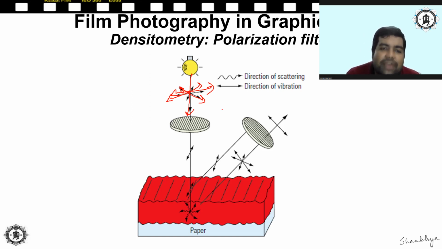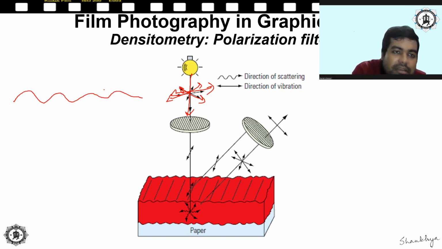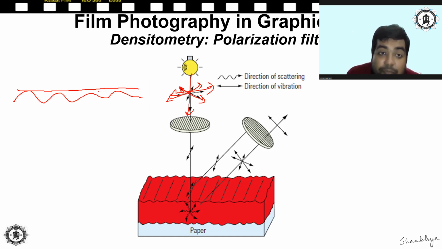Just after printing, the ink will not immediately get absorbed into the paper, and normally the paper surface has peaks and valleys. But on a freshly printed sheet, the ink layer will form a uniform film on top, because the ink has not had sufficient time to get absorbed into the valleys and the paper. So it will form a very smooth and uniform layer on top of the rough paper.